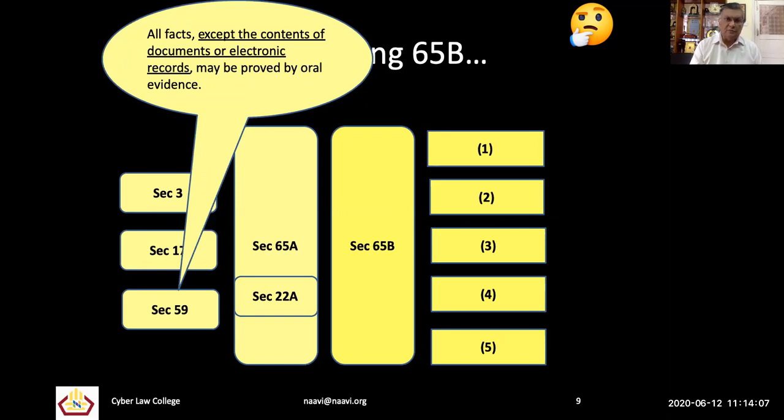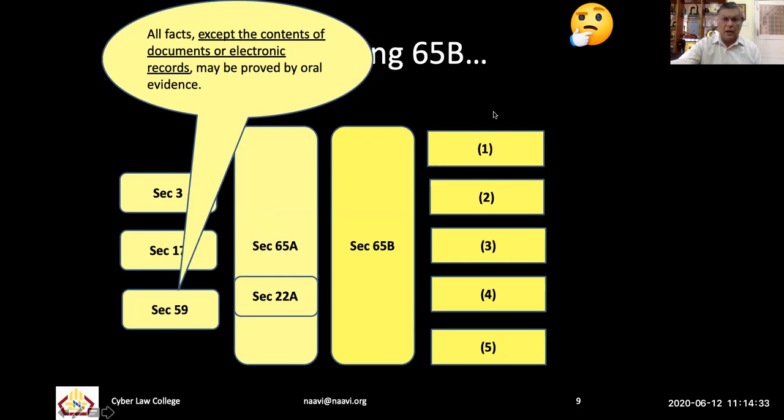Now, under section 59, all facts except the contents of documents or electronic records may be proved by oral evidence. So this eliminates the oral evidence for proving electronic documents.